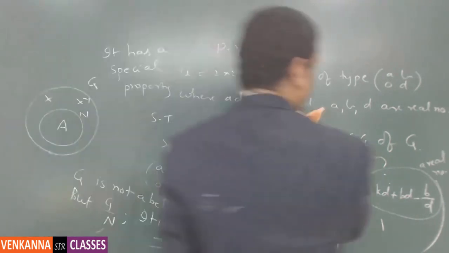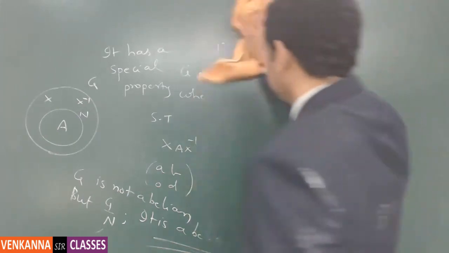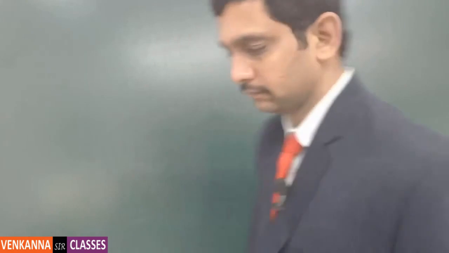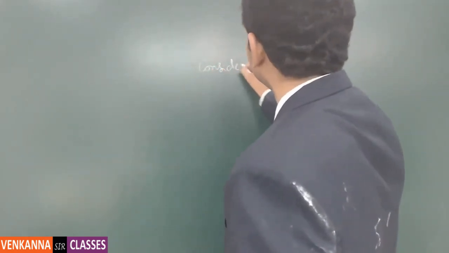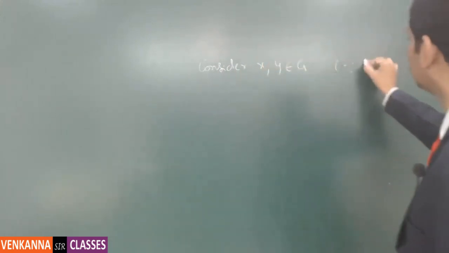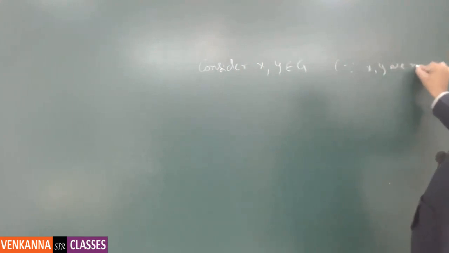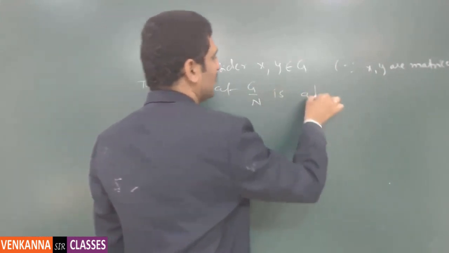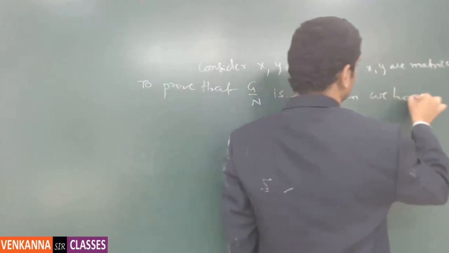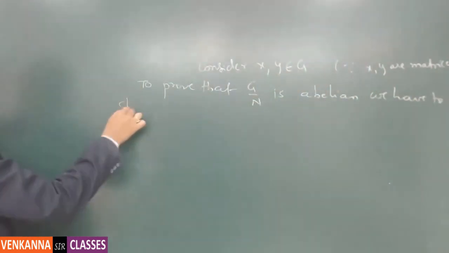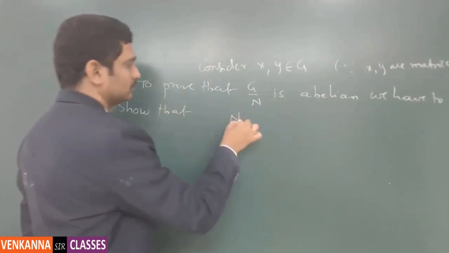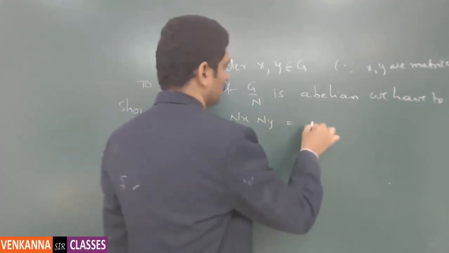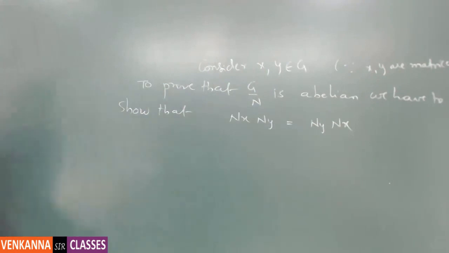Right? So you consider, to prove that G by N is abelian, we have to show that Nx Ny is equal to Ny Nx.